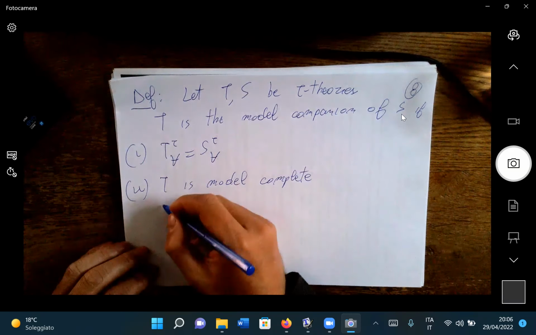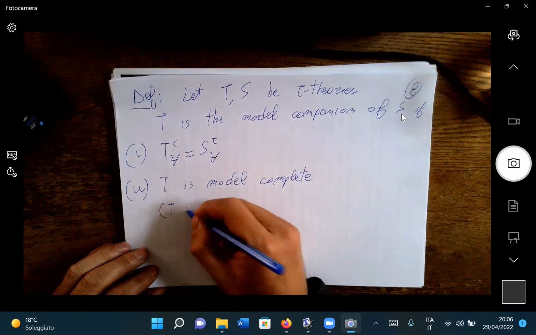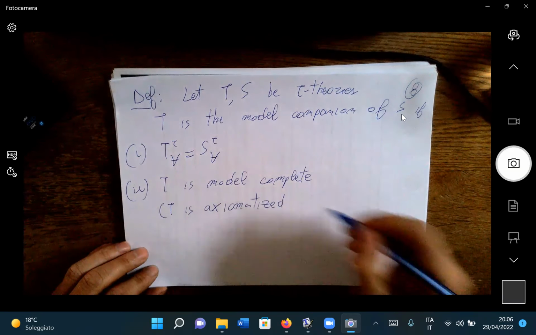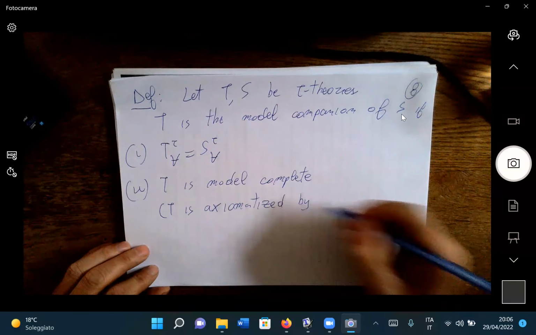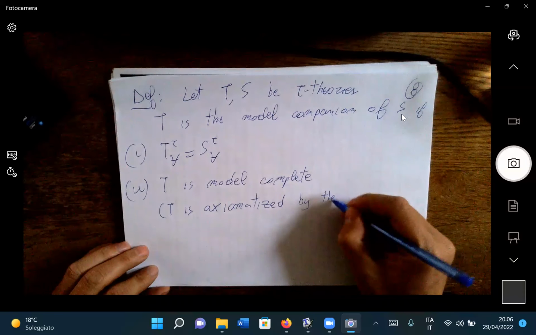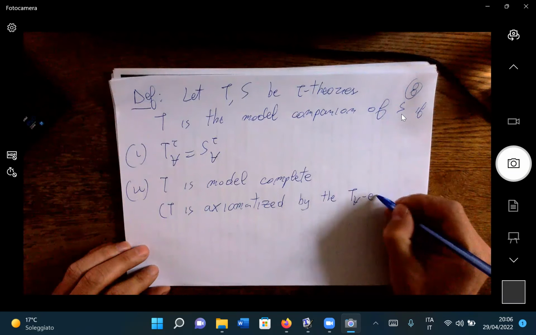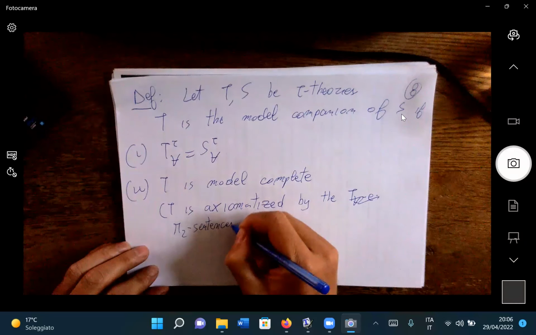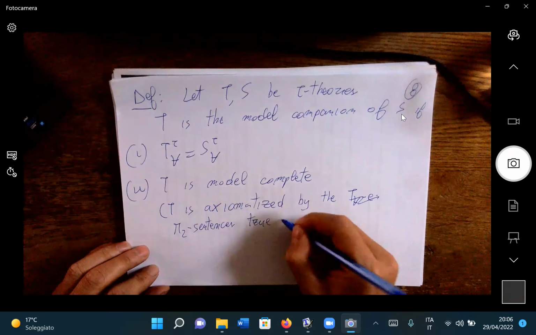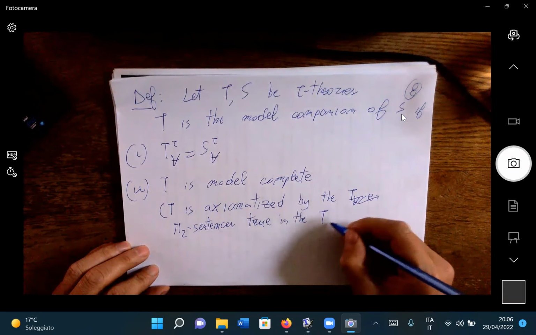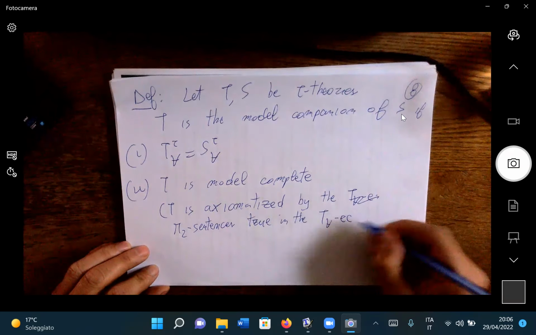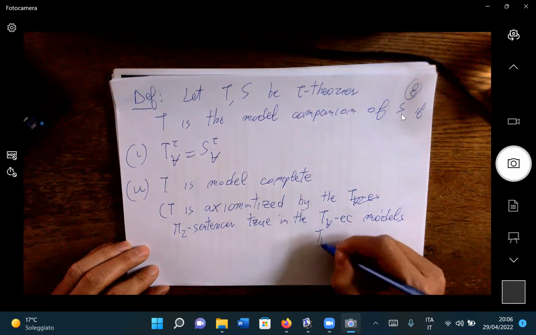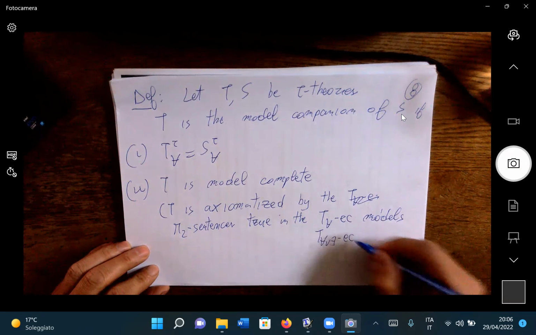T is model complete means, for me, this is the definition I give. It's not the standard one, but it's axiomatized by the pi2 sentences true in the T for all EC models, or actually it's the same as T for all well exist EC models.